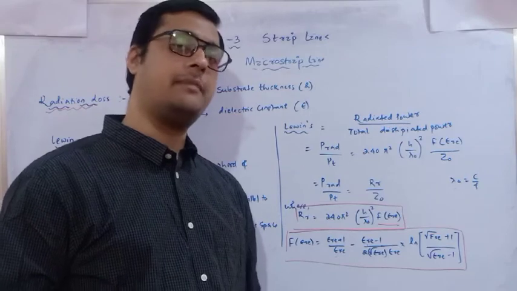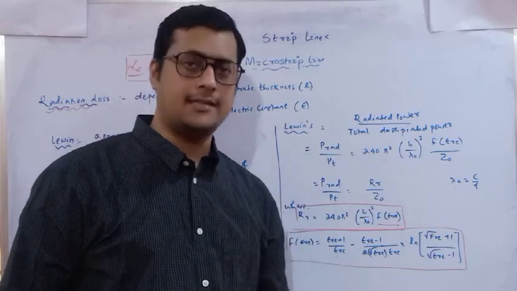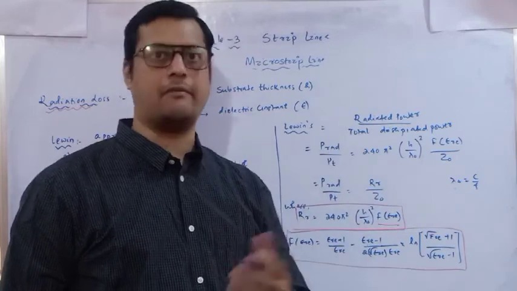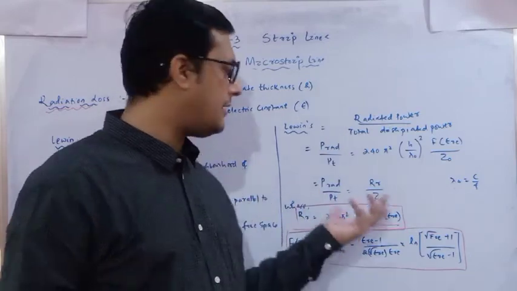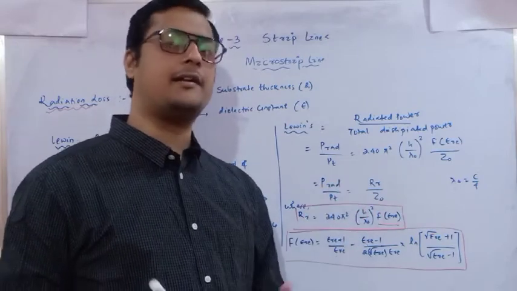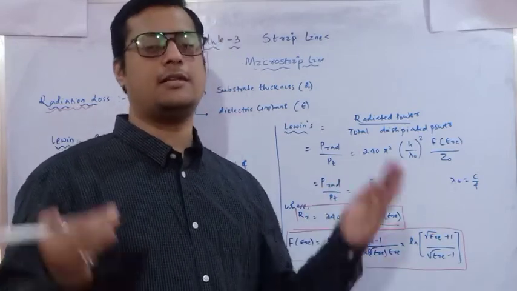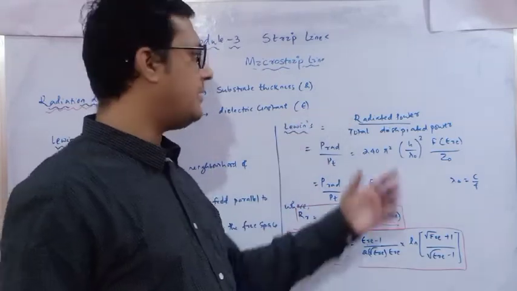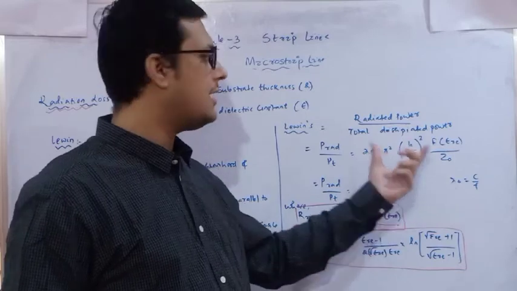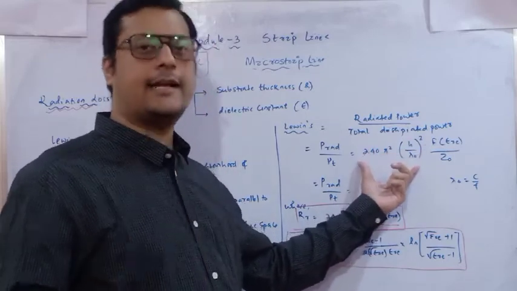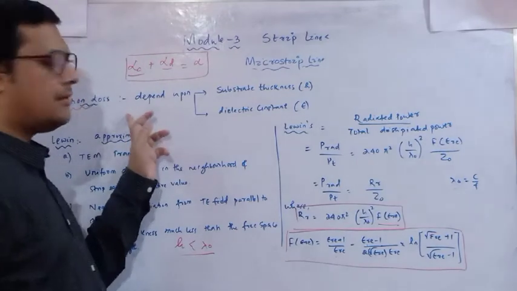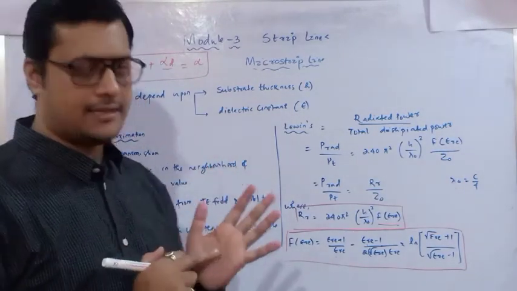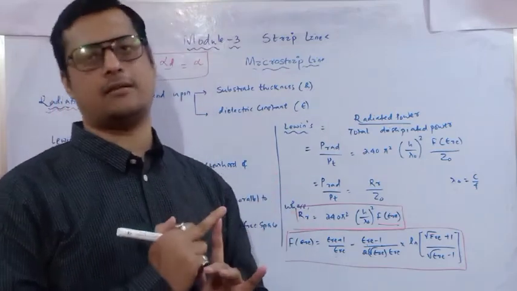Here our main motive is this: if the radiation resistance is known, I naught square into Rr gives the power loss, the radiation loss. Once the radiation resistance is identified, it is easy to identify the loss. The power dissipation with respect to the radiated power is given by this relation, and it indicates that whatever radiation losses happen are due to only two factors: the dielectric constant and the thickness of the substrate.